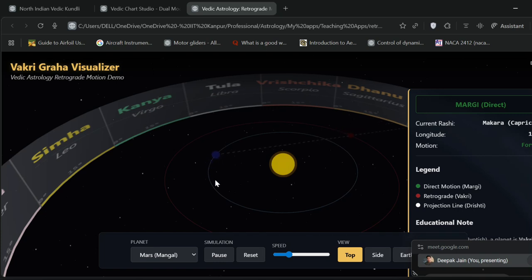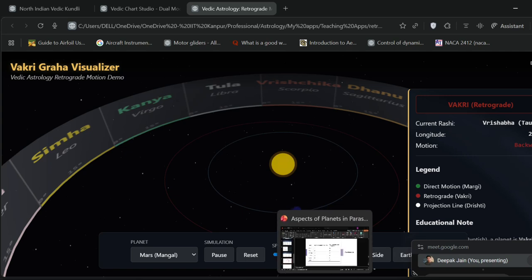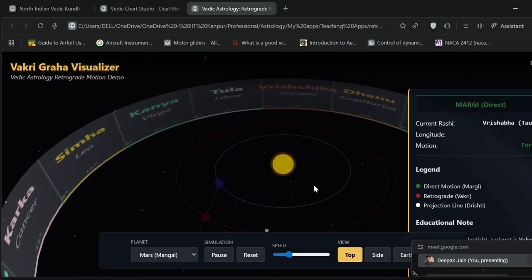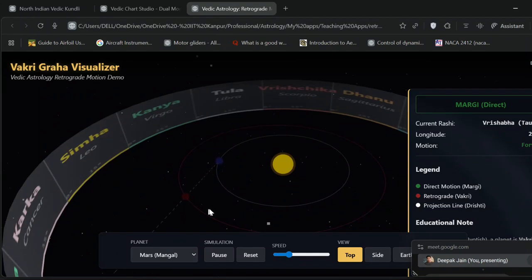The blue thing is Earth, and this red is a planet. Are you able to see this blue and red? Yes, sir.